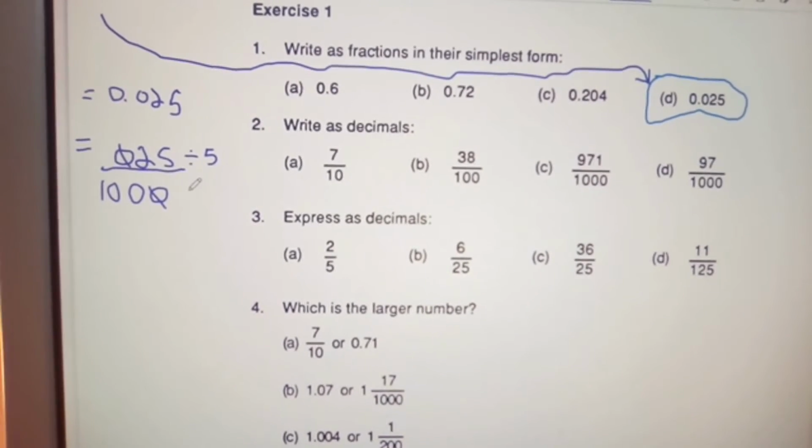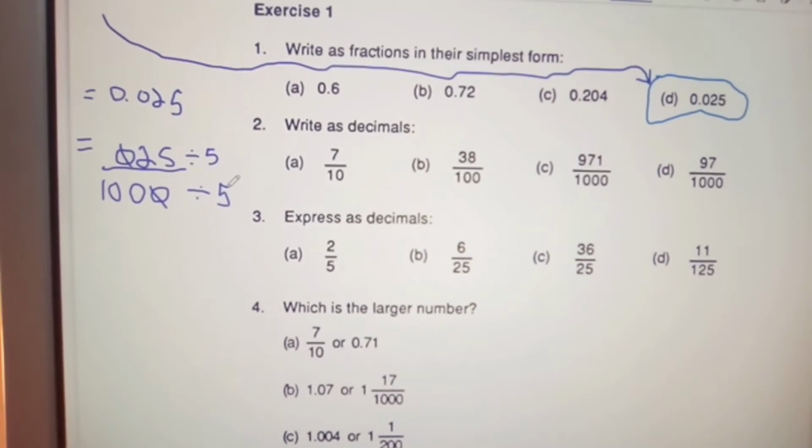So let me put my number in, and I'm going to put in my division factor. Pardon me, and I'm going to divide by 5.